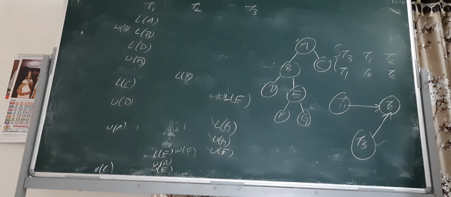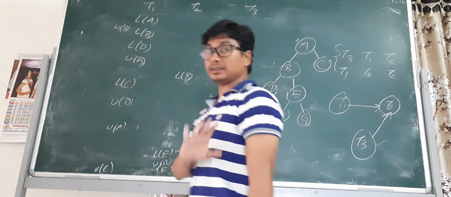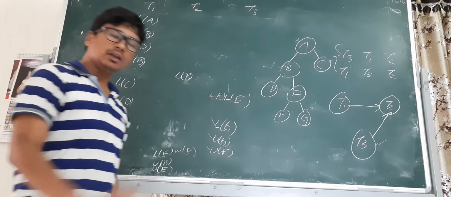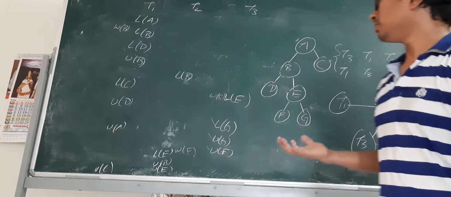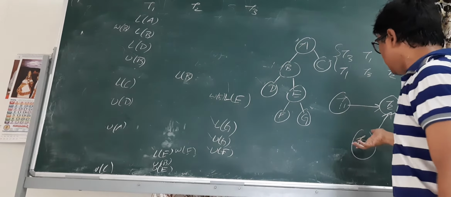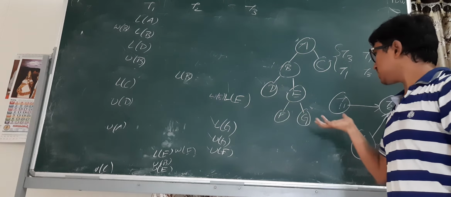So with this example, I can say that all the graph based protocols are deadlock free, as we have discussed earlier. And all the graph based protocols are serializable, because we have discussed two examples having serializability.